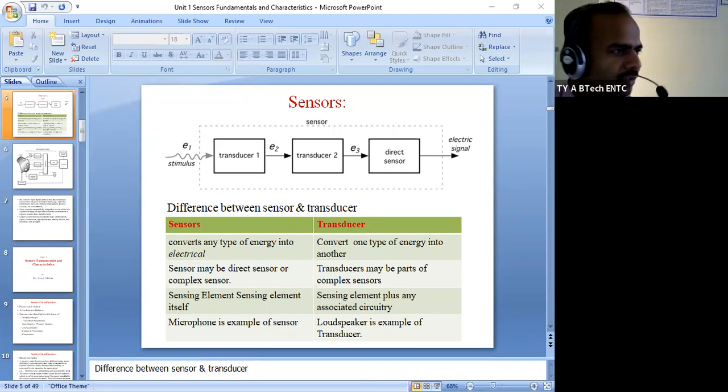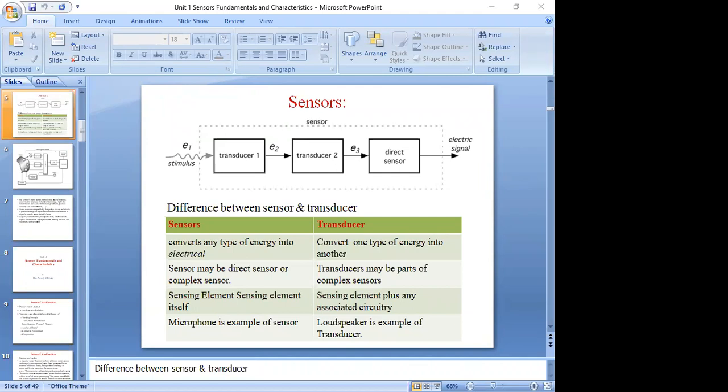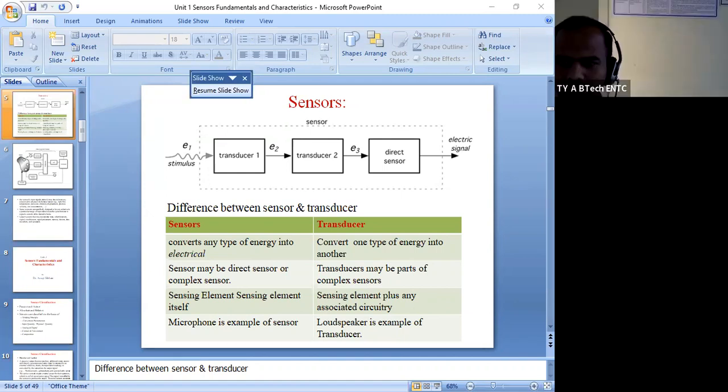With the help of Venn diagrams, sensors are a subset of the transducer set. All sensors are transducers, but all transducers are not sensors because they have different output capability. After that, we'll go to the next topic.